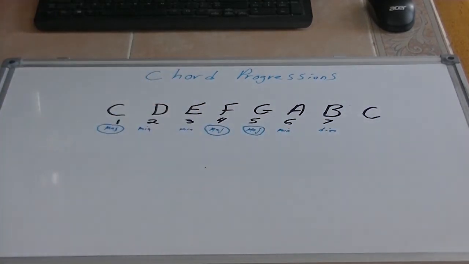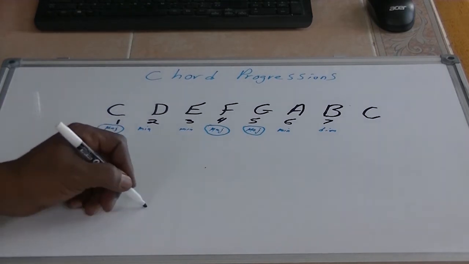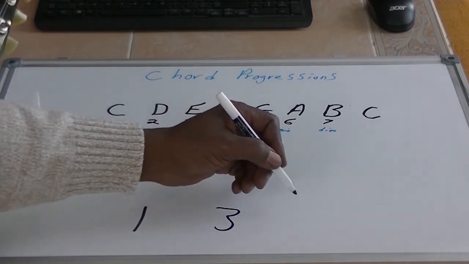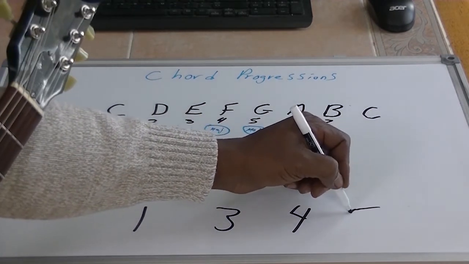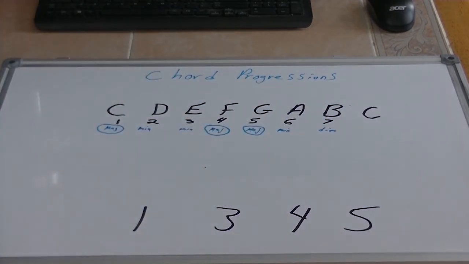So moving on, the next progression I want to look at is the 1, 3, 4, 5 progression. Now this one may not be as popular as some of the other ones, but I think it's kind of good to use various scale tone chords to sort of demonstrate the different chord progressions.